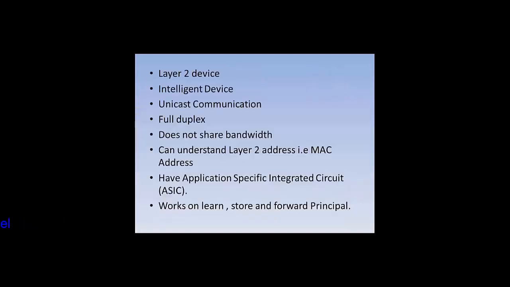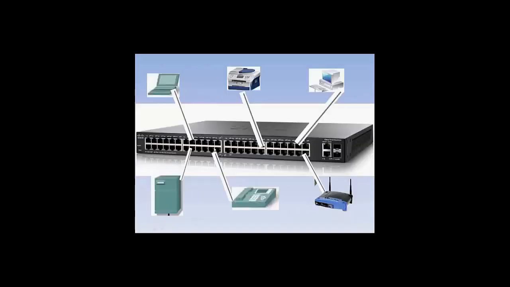Remember the last point: learn, store and forward. The first phase is known as the learning phase, so it starts maintaining a database. Suppose this port number is 20; it notes down that on port 20 this particular MAC is attached, but it does not know about the destination MAC.